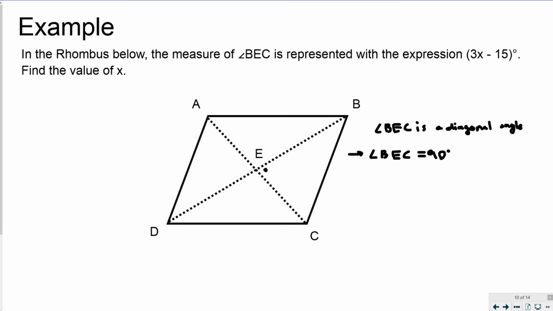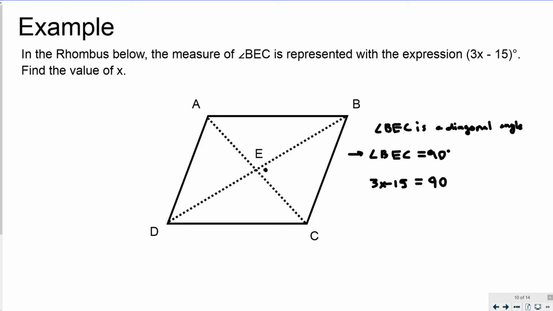Okay, well, angle BEC equals 90 degrees, but it's represented with the expression 3x minus 15, so I'm going to set 3x minus 15 equal to 90. Since they're equivalent, I can substitute them.